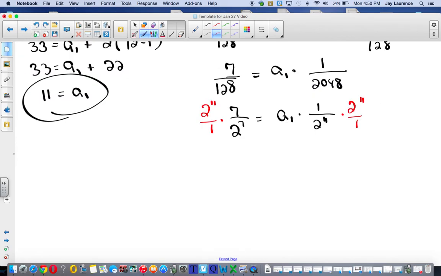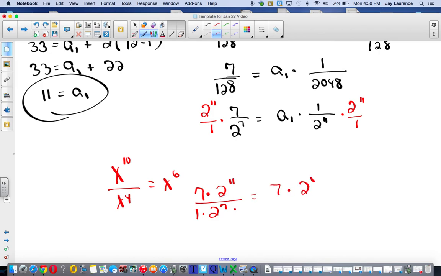Well, do you remember that x to the 10th over x to the 4th would equal x to the 6th, right? Well, here I have 7 times 2 to the 11th over 2 to the 7th, or 1 times 2 to the 7th. I can simplify this. And that's going to end up being 7 times 2 to the 4th.